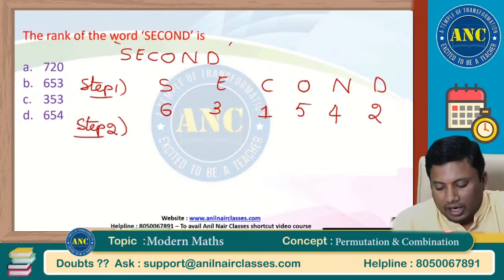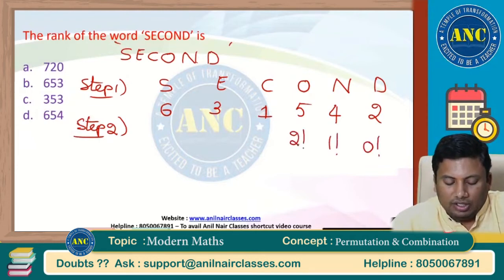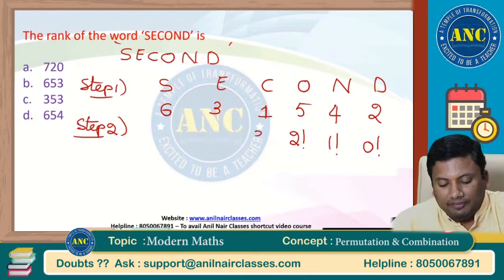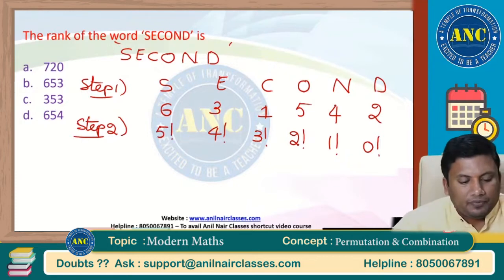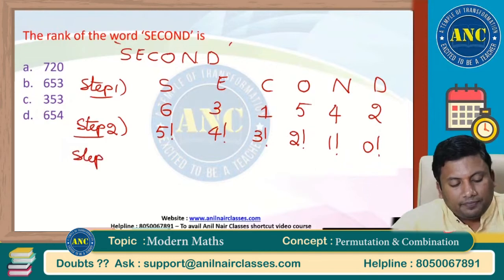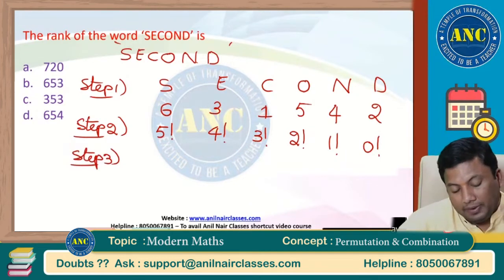Step number 2. Write down from 0 factorial in the serial order: 0 factorial, 1 factorial, 2 factorial, 3 factorial, 4 factorial and 5 factorial. Step number 3.